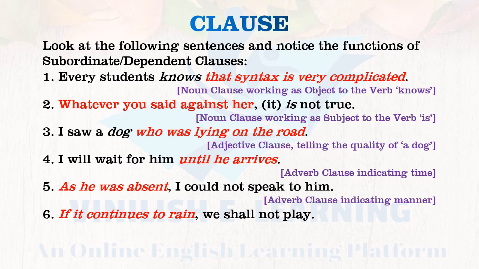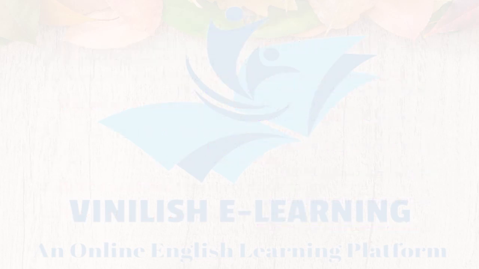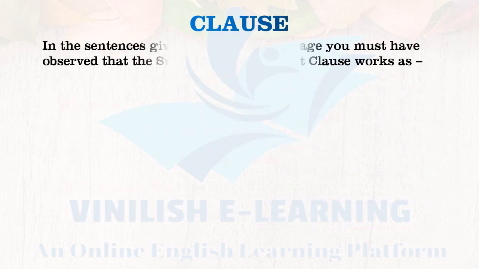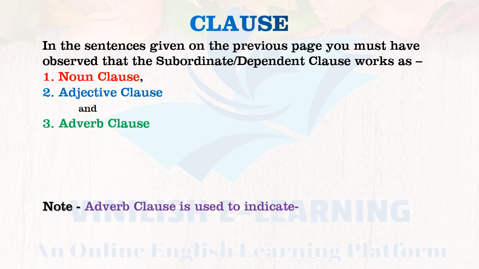If it continues to rain, we shall not play. Here, if it continues to rain is an adverb clause indicating condition. In the sentences given on the previous page, you must have observed that the subordinate or dependent clauses work as noun clause, adjective clause, and adverb clause.